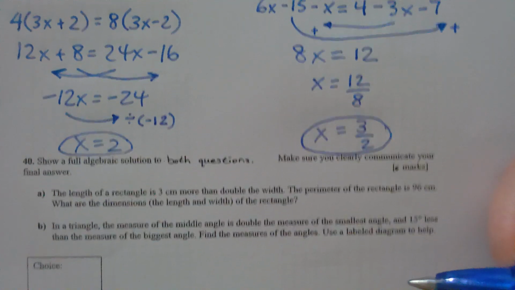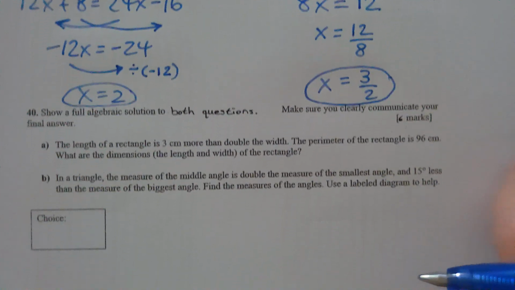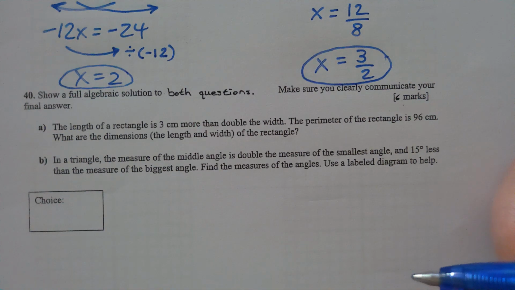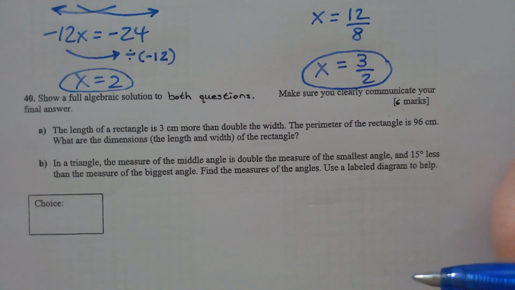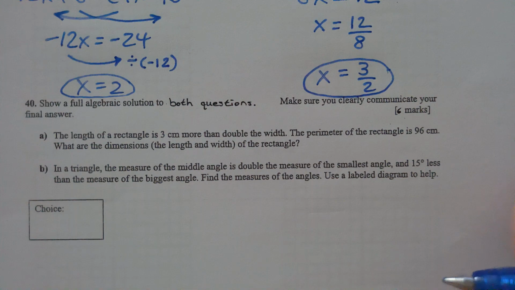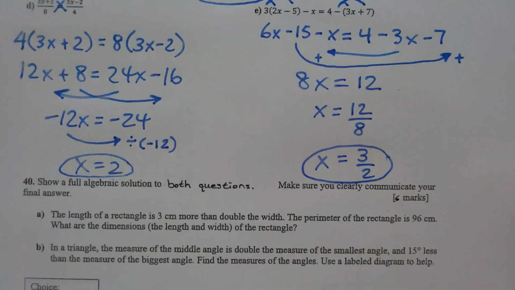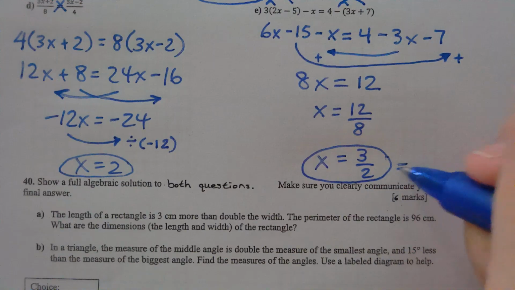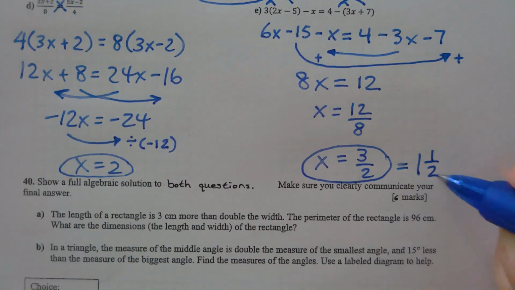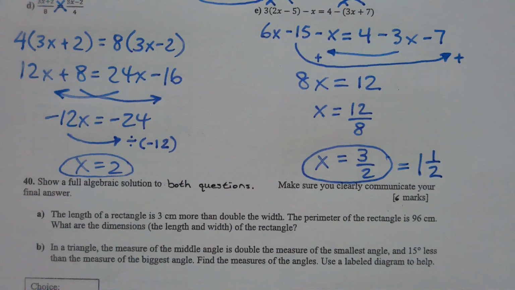Right? Did I make a mistake somewhere? Margaret? Oh, for x equals 3 and 2 points, we turn into a mixed fraction. Oh, good question. Let me think. For the exam, I do think we did say to change it to a mixed number. So this would be 1 and 1 over 2. It will say on the question itself.